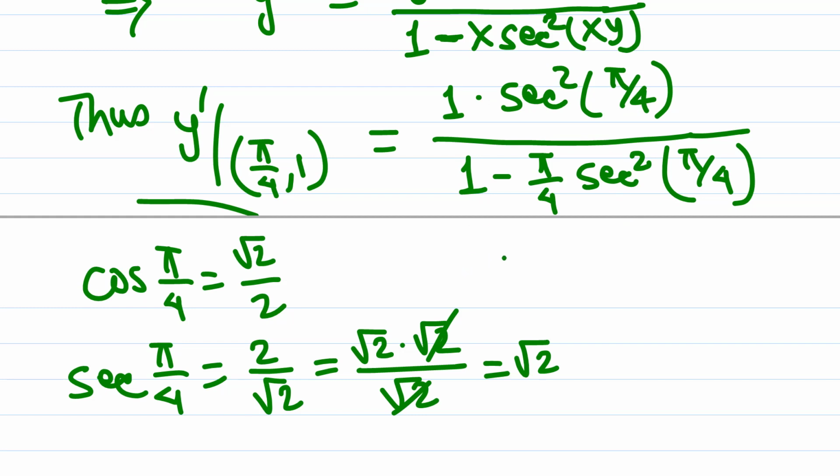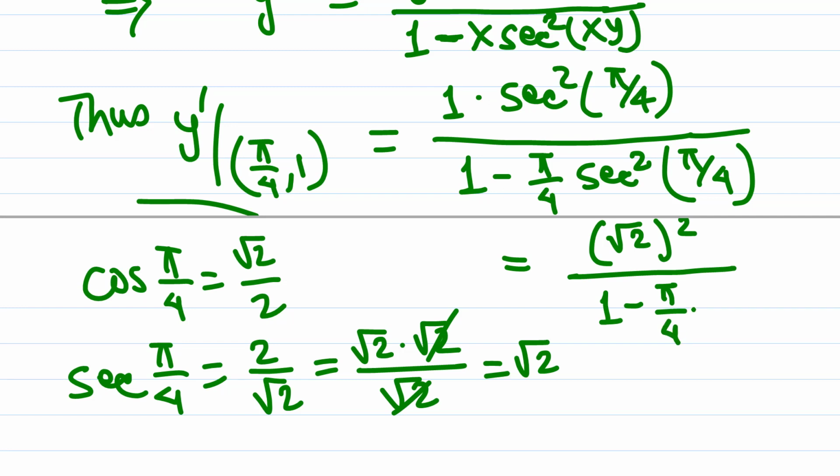So this is 1 times, doesn't matter, secant pi over 4 is root 2 and is squared. So on the top we got root 2 squared, all over 1 minus pi over 4 times, same as this, secant pi over 4 squared, root 2 squared. Let's simplify and we are done.